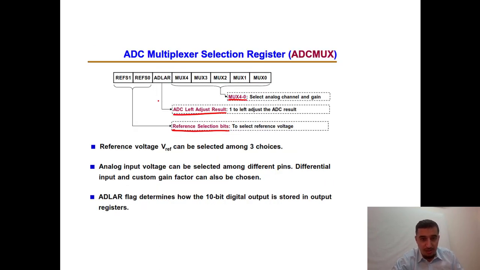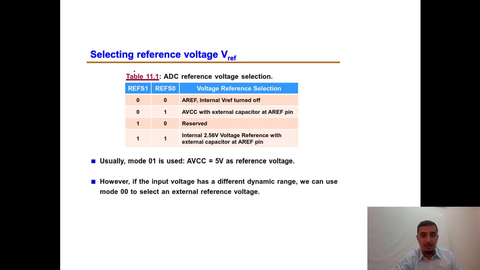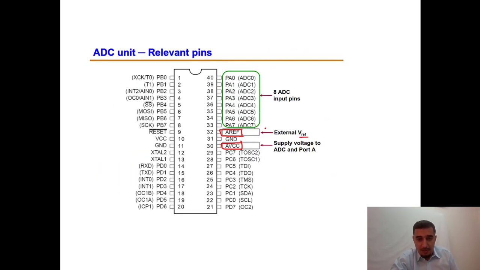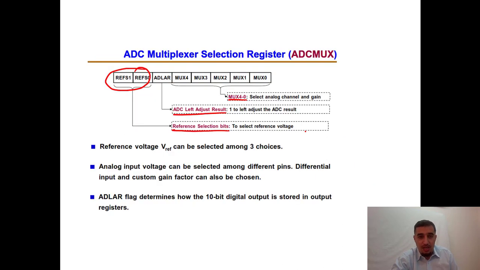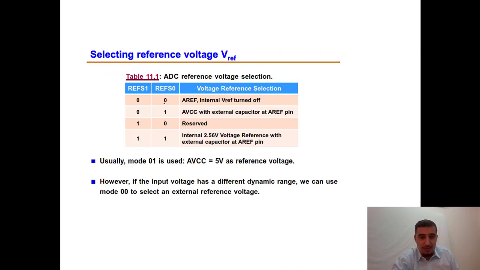which is these two bits over here. How are we going to connect these voltages? These two reference bits are either 0, 0 for AREF, where the internal V reference is turned off. If I want to use this pin as my reference voltage, then I put these two bits as 0, 0.